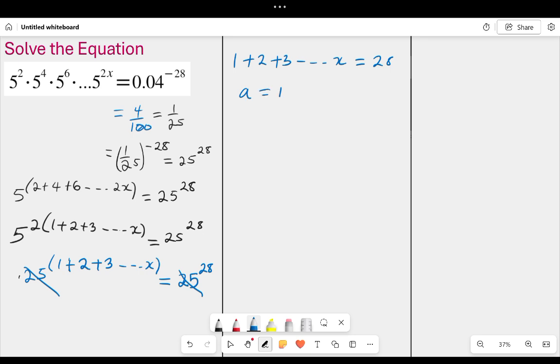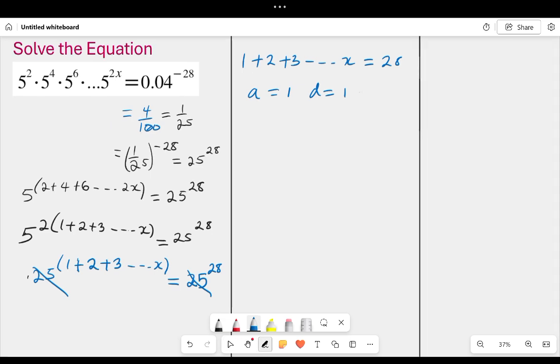A is 1, then the common difference d is also 1 because each time we are increasing the numbers by 1. And n, very important, our n is equals to x. And then the sum of n, because we are adding all the way to 28, the sum of all these numbers, they add up to 28.